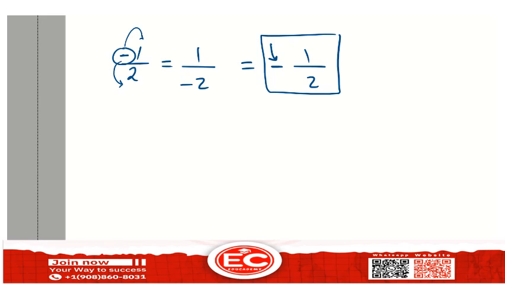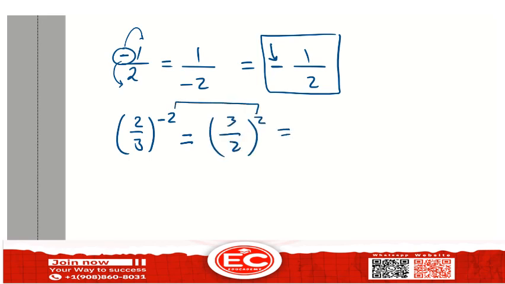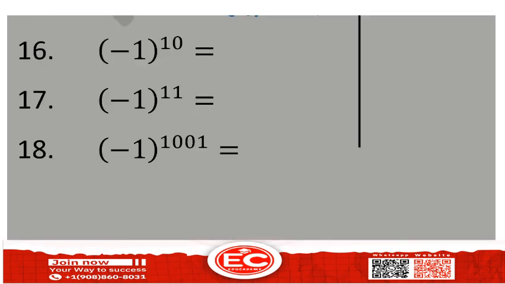Another thing, if you have 2 over 3 to the power of negative 2, you flip and change the sign of the power. The power here is even, so I ignore the negative.